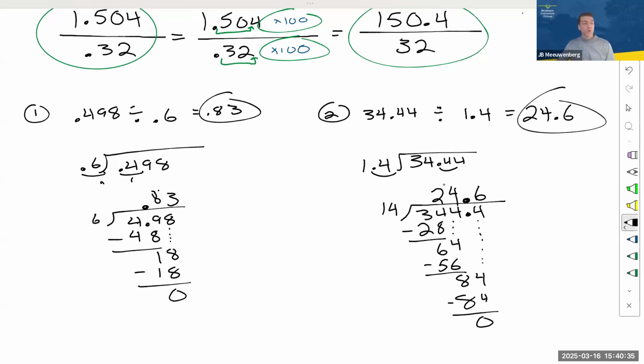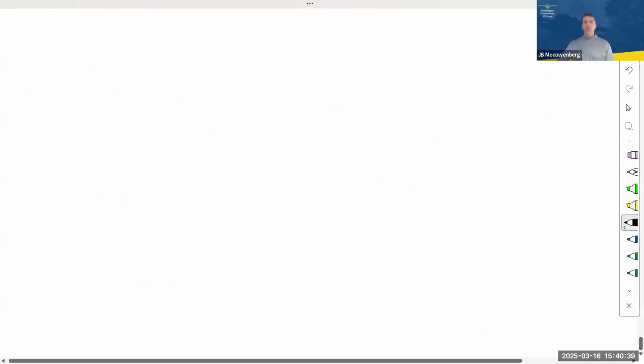Now, just like we did when we were multiplying, we also have to examine dividing by powers of 10. You might be able to guess that it's just going to be the exact opposite of when we multiplied by powers of 10, and you'd be right.